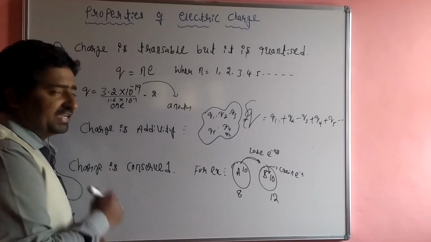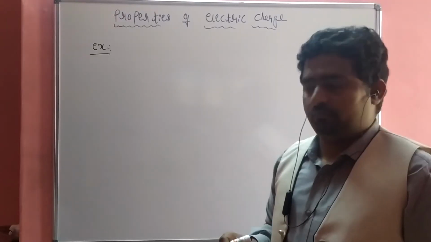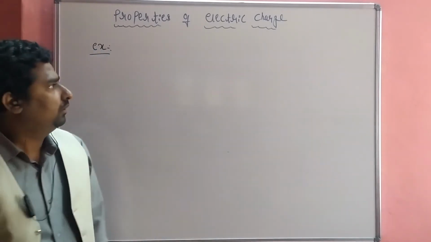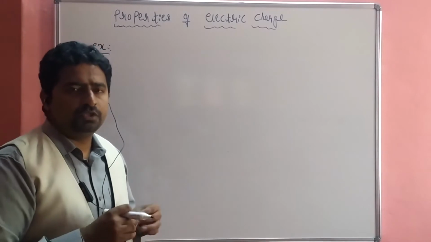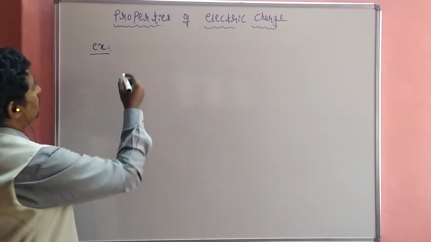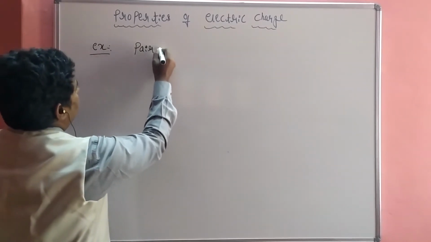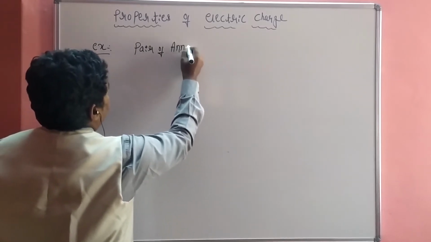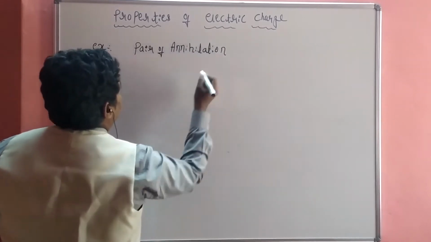Let's take an example of how charge is conserved. The process is called pair annihilation.